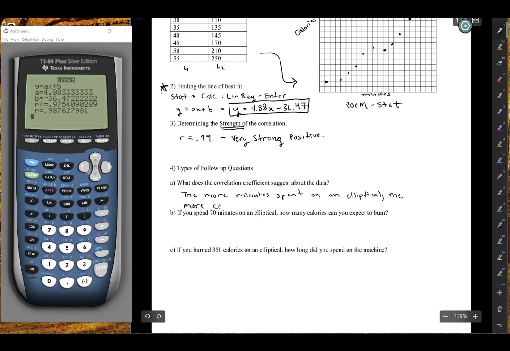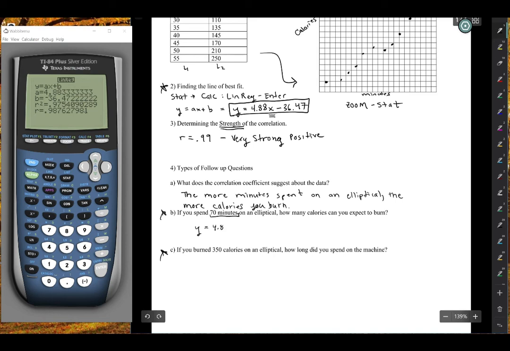Some other types of follow-up questions: you can then use your line of best fit. If you spend 70 minutes on an elliptical, how many calories can you expect to burn? Just be careful as to what you substitute 70 in for. Minutes is going to go in for X. So Y, remember, is the calories. So that's going to be 4.88 times 70 minus 36.47.